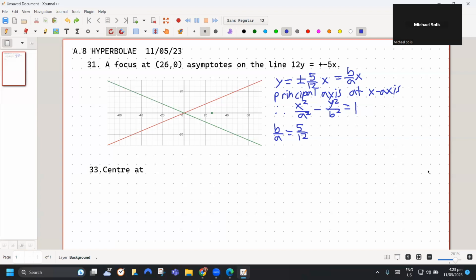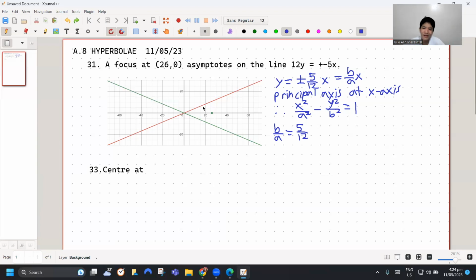So square is equal to 26 square. And 13 square over 2 square. 13 times 2, 13 square times 2 square.